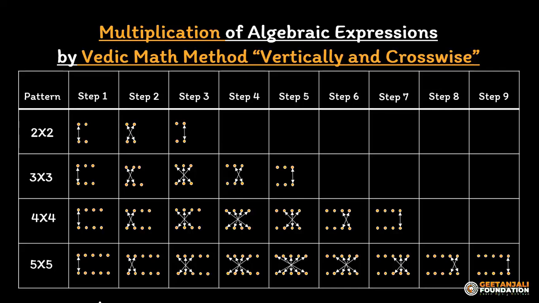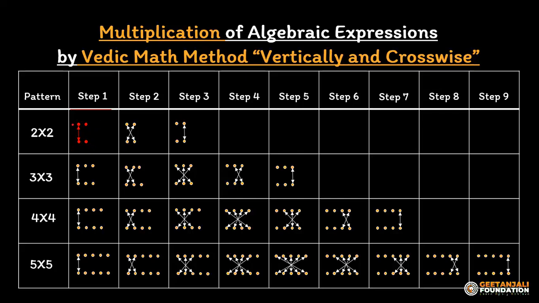First of all, you can see here are patterns and here are the steps. In the first pattern, 2 by 2, we are talking about two binomials getting multiplied. So this is our first binomial and this is our second binomial.